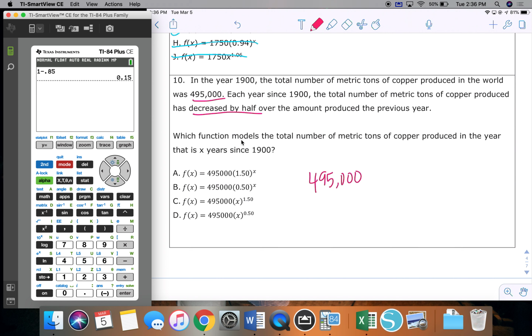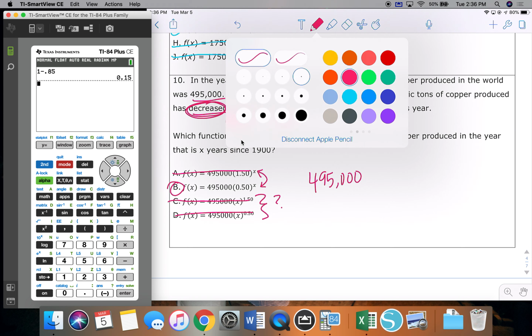All of these do that. Keep in mind again, C and D, we haven't seen anything like that. So we're going to cross those out because that doesn't look like anything we've studied. Then I'm looking at A and B. One of them is growing, one of them is decaying. Well, if this was decreased, it can't be getting bigger. It would have to be getting smaller. So decreased by half is 50%. As a decimal, that is 0.50.